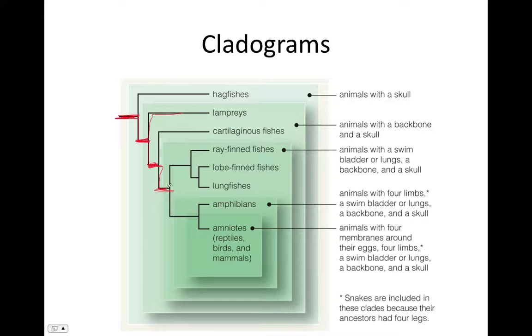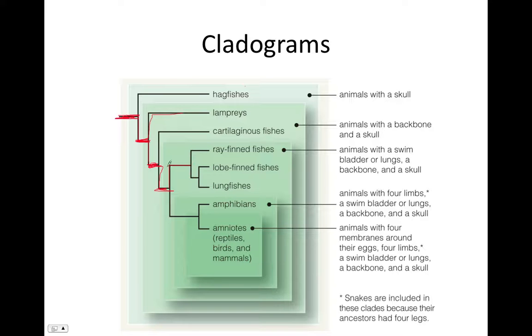Okay, what that means is that ray-finned fish, lobe-finned fish, lungfish, amphibians, amniotes, they have a skull, a backbone, and lungs or a swim bladder. And so these organisms up here do not have lungs or a swim bladder. Okay, only these ones do that stem from this branch right here.